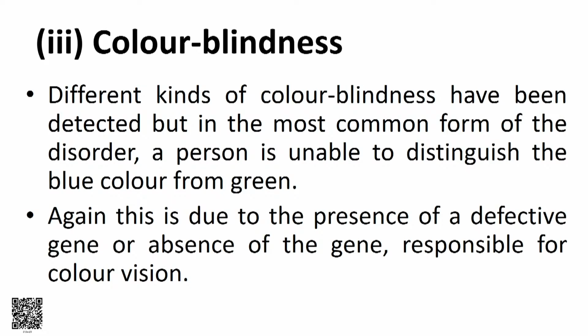The third genetic disorder is color blindness. Different kinds of color blindness have been detected, but in the most common form, a person is unable to distinguish blue from green. Again, this is due to a defective gene or absence of the genes which are responsible for color vision.